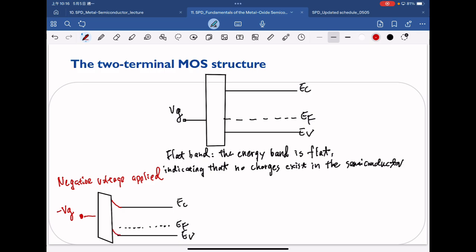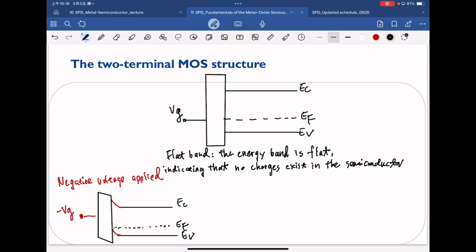So we will start to see the band bending in our dielectric, but also in our silicon interface. But now you will see that in this region, our EF is close to our EV.